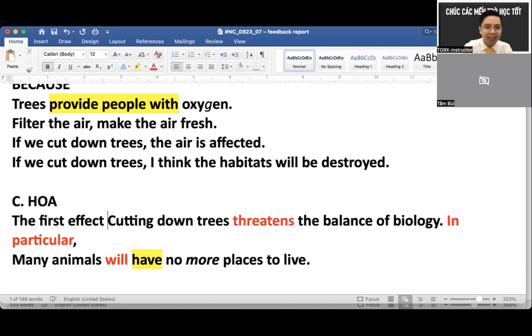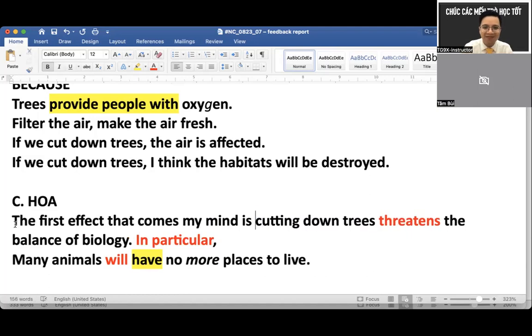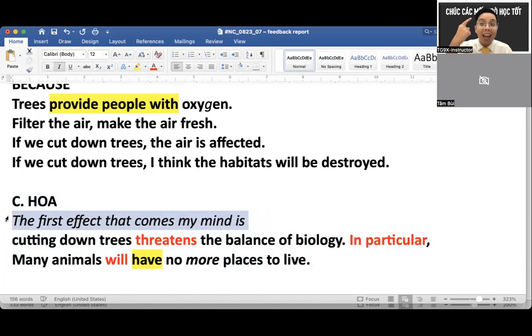And the first effect that comes to my mind is, repeat please, Ji-hwa. Repeat this whole sentence. And everyone else, if you may, repeat this in your mind. They can help you with your fluency. Now, Ji-hwa, please, the first effect.